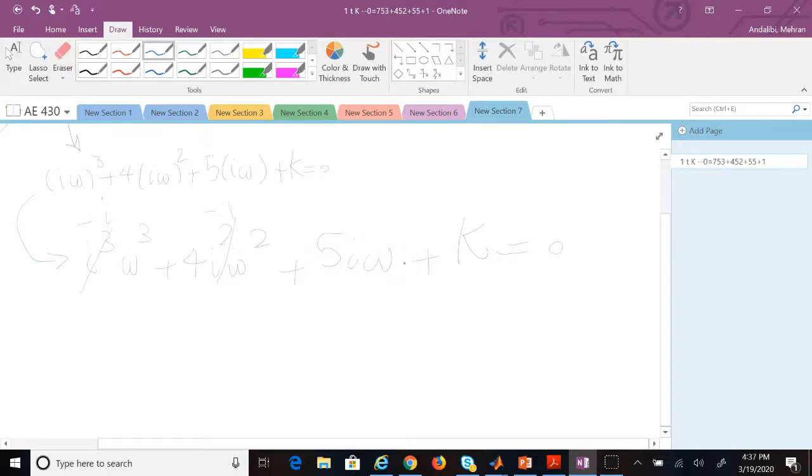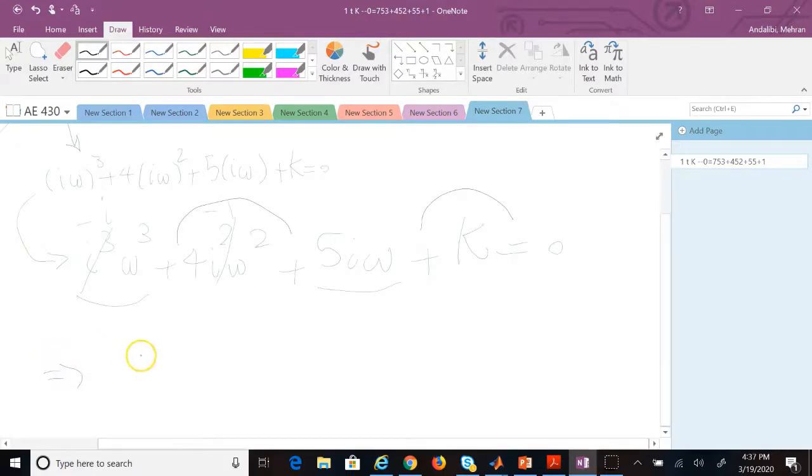Two of the terms have i, two of the terms don't. These two terms have i in them, and these two terms do not have i. And the summation of the whole thing is equal to 0. What does it mean?